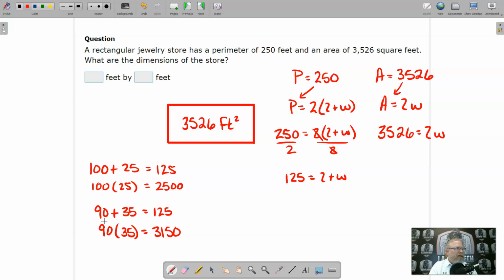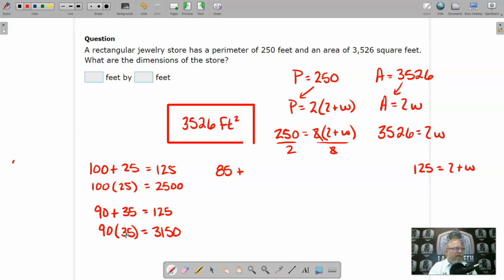So let's go ahead and go to 85. Let's try 85. I'm trying to figure out where I want to squeeze this in. Let's go ahead and work in this area. So let's go ahead and try 85, and we want to add to it.